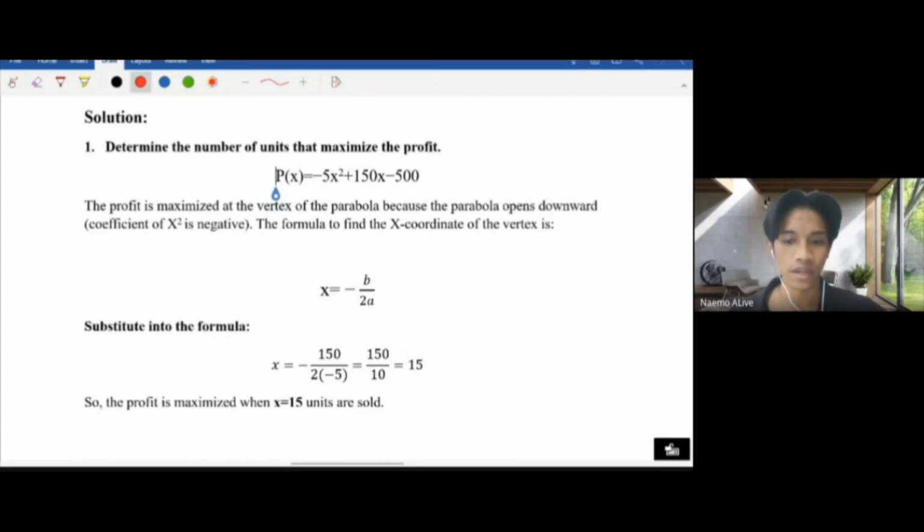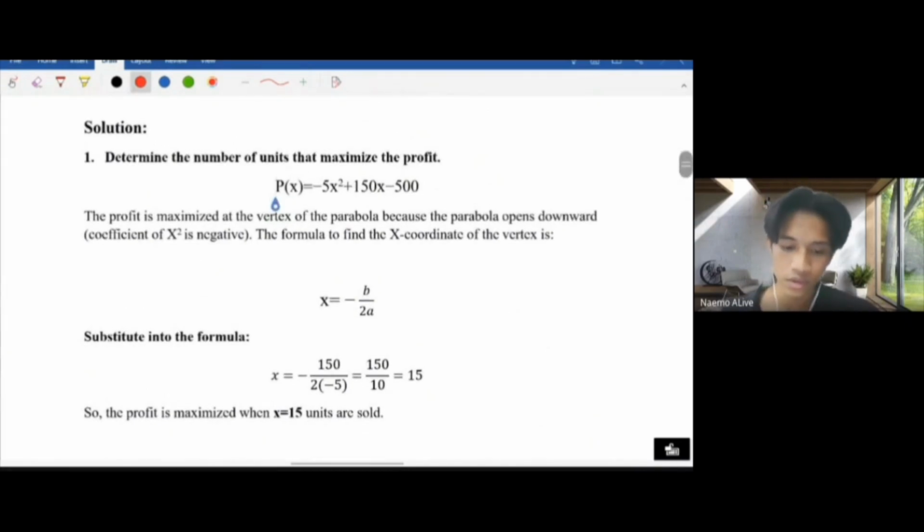To find the number of units that maximize the profit, I need to find the vertex of the parabola. Since the parabola opens downwards, the coefficient of x squared is negative.